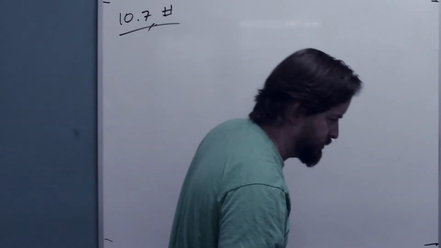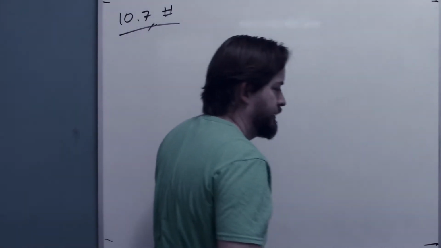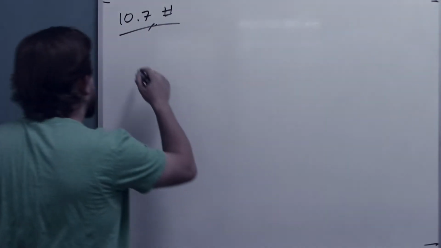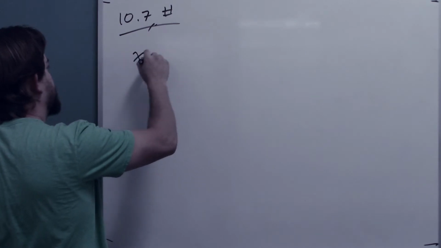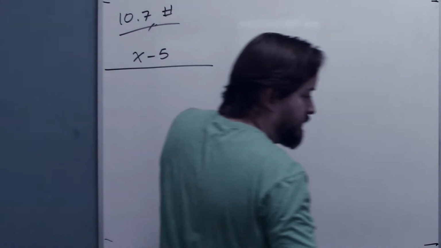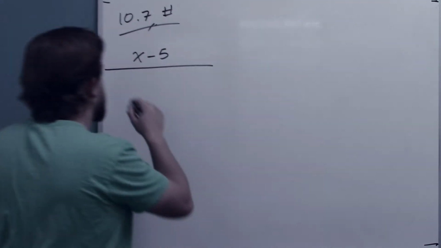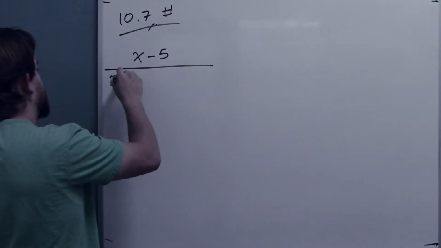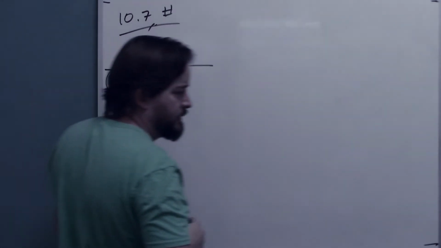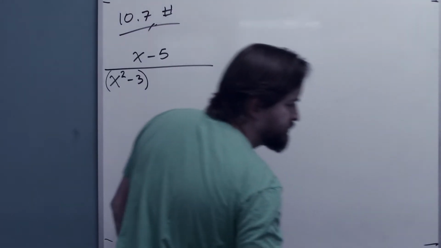Well, I mean, sort of. The complete partial fraction decomposition of this expression, x minus 5 over (x squared minus 3) times (x plus 1) squared.